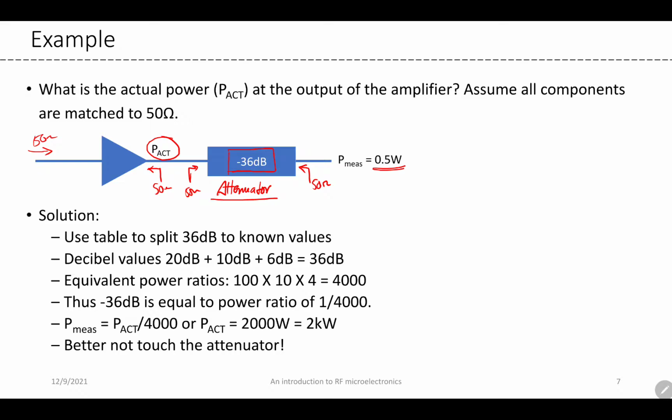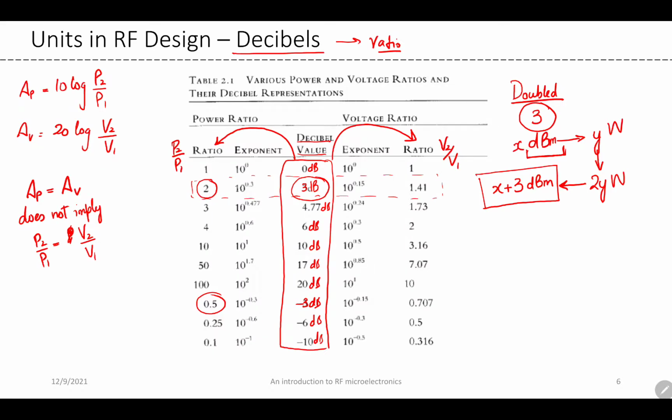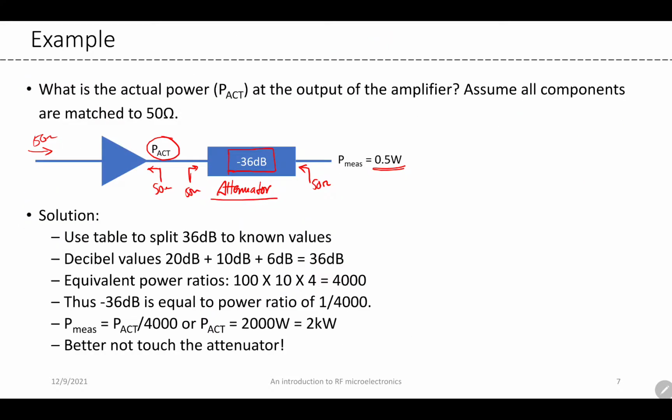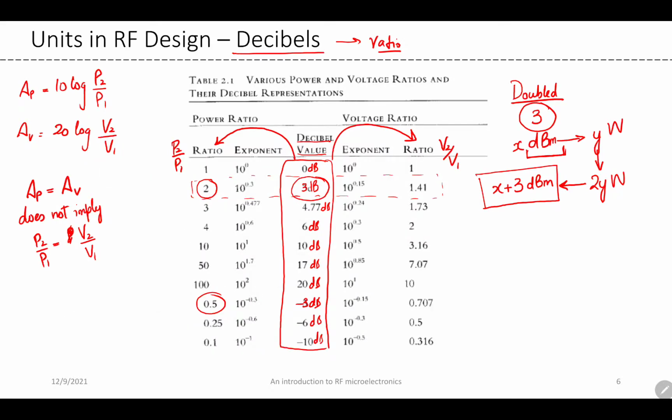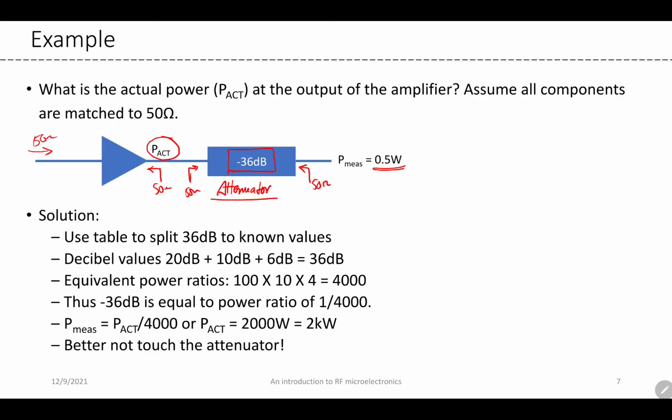Okay. Now minus 36 dBs, we need to understand what ratio it is. Now there's a simple way to do this. If we go back to this table, we'll see that there are certain values given, right? There's 20 dBs, 17 dBs, 10 dBs, 6 dBs. What we can do is break down this 36 dBs.